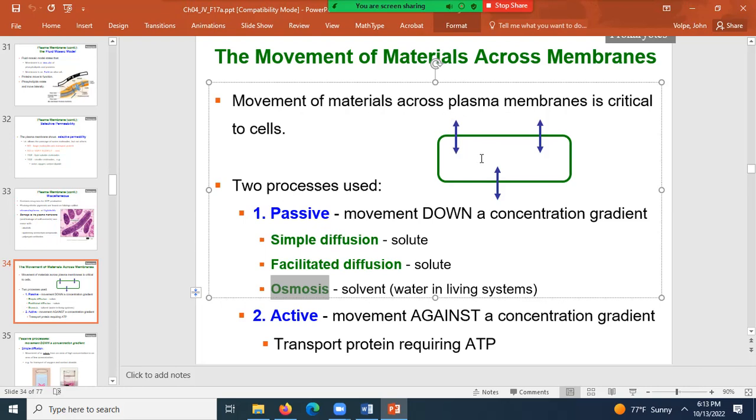So that cell will use a transport protein to pump that amino acid into the cell. And for each molecule that's moved into the cell, the transport protein will have to use up a molecule of ATP. Any question about any of that?